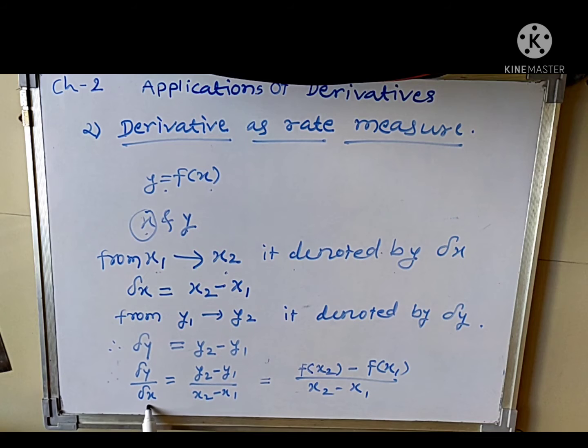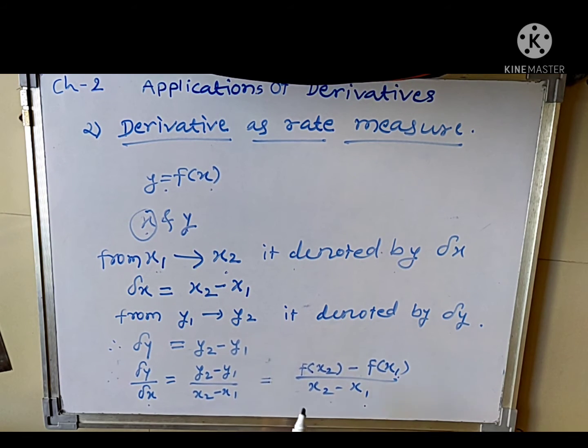Therefore, delta y upon delta x you have to write as f of x2 minus f of x1 upon x2 minus x1. That is the average rate of change with respect to x.